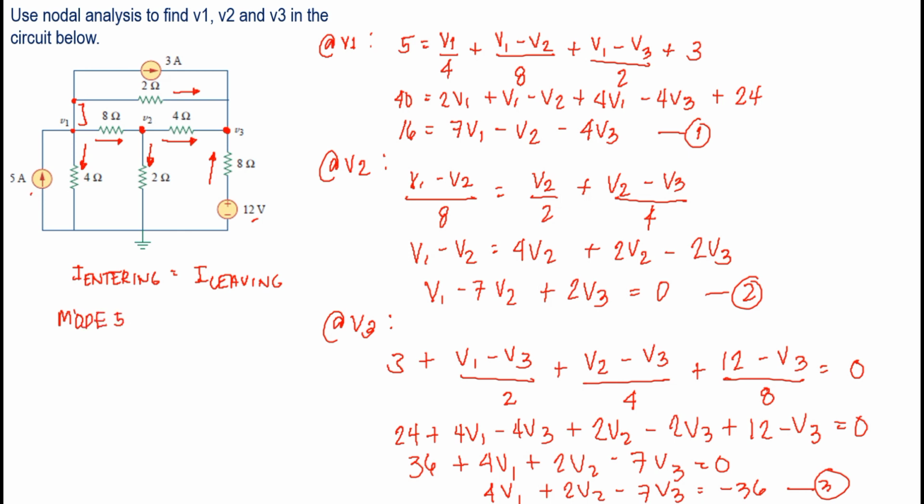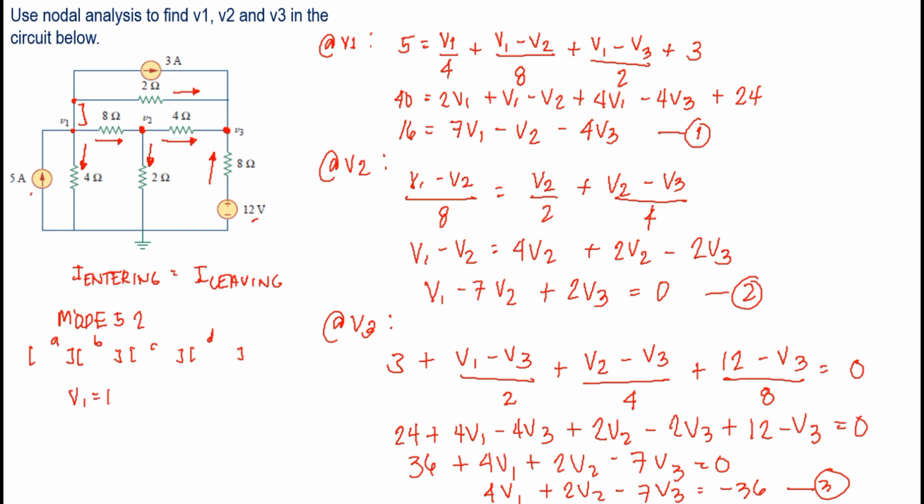Mode 5-2 is the equation for three unknowns, and you'll find the A, B, C, D there. You have to enter the three equations. I have already discussed this in my other videos, you can just check out nodal and mesh analysis.